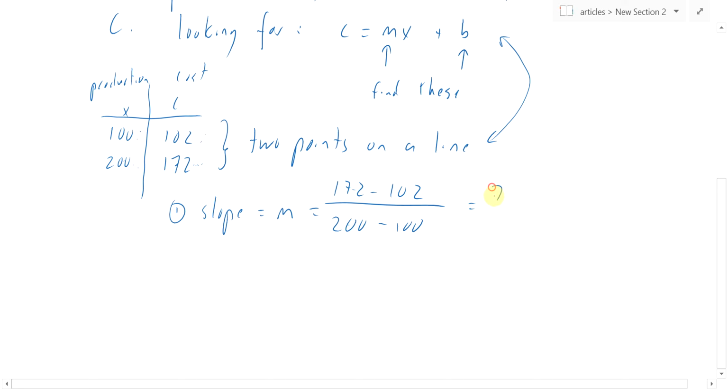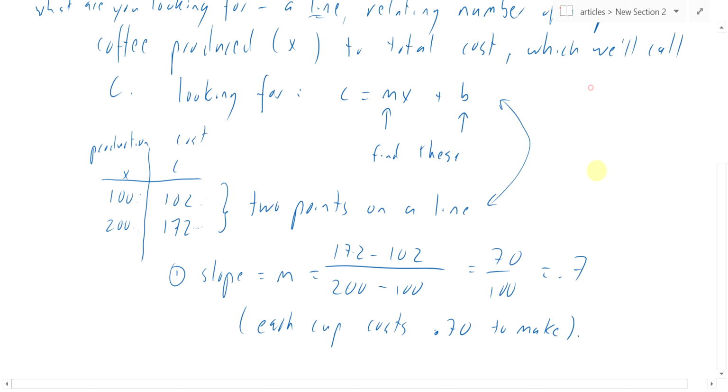And that is 70 over 100, which is 0.7. We can interpret this and say each cup costs $0.70 or 70 cents to make. Okay, and I have no idea if that's actually true, right? I'm just making these numbers up.